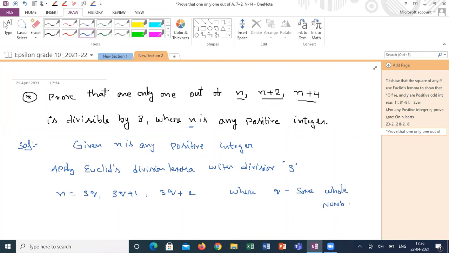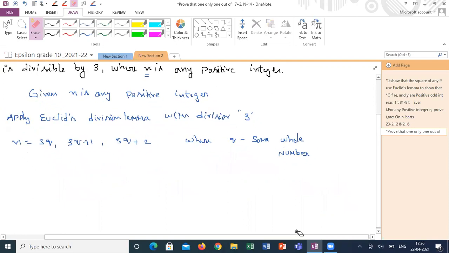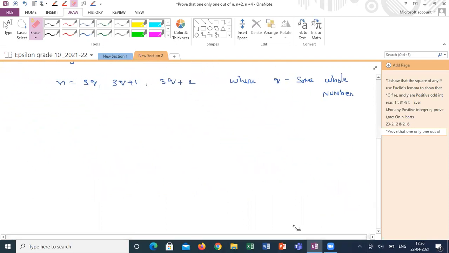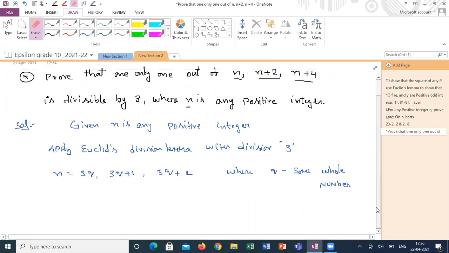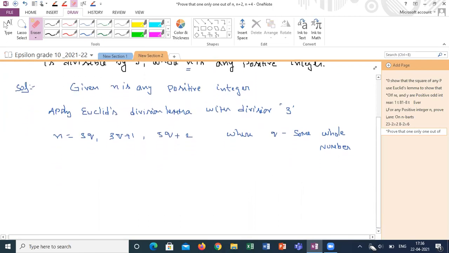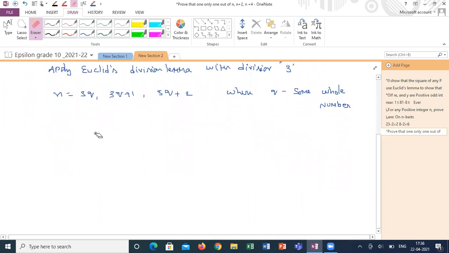Am I right, guys? Are you clear what I'm saying or any confusion? After this, what are you going to do? What is our aim? I have to prove that any one will be divisible by 3.